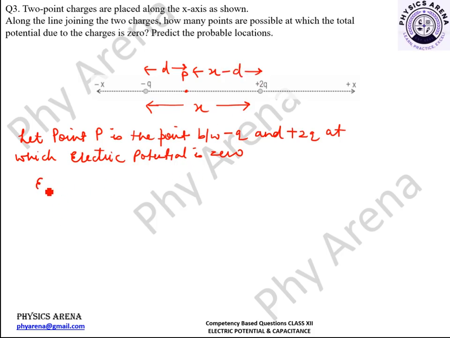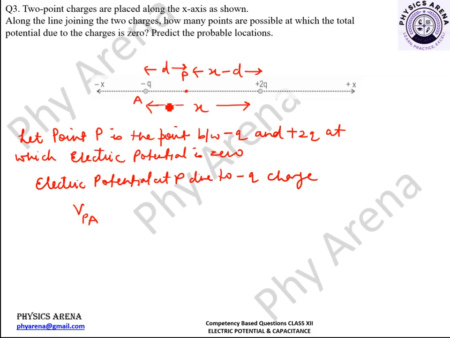Now, electric potential at P due to minus q charge, so that can be calculated as V PA. So let me call this point as A and this point as B. So electric potential at P due to charge present at A is minus kq divided by d.